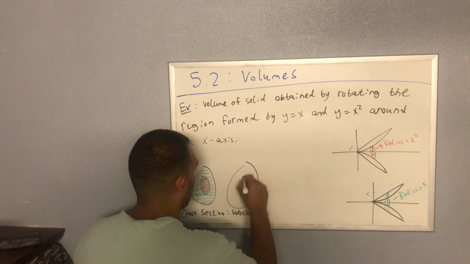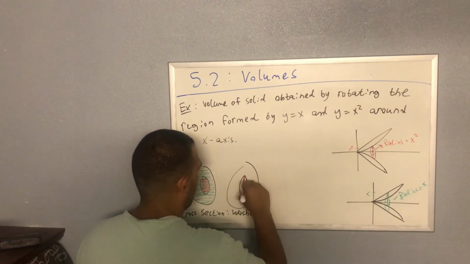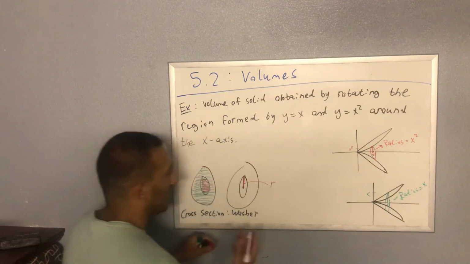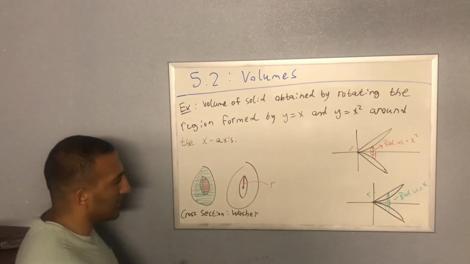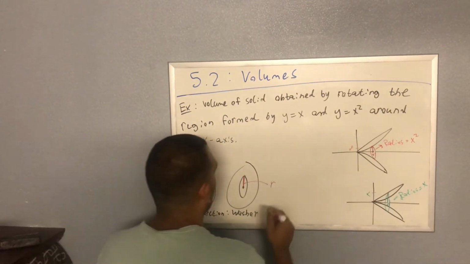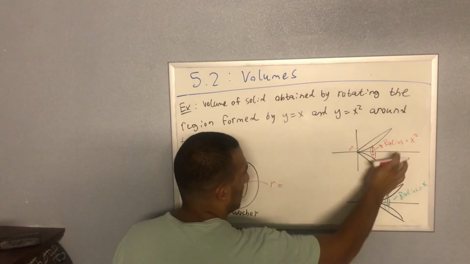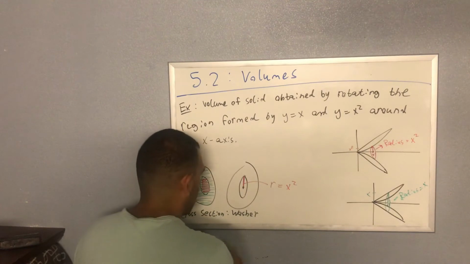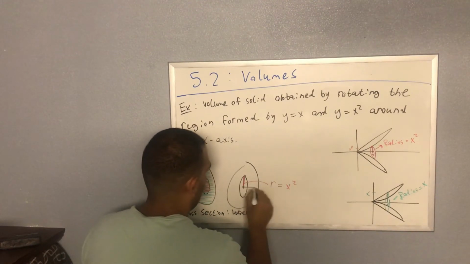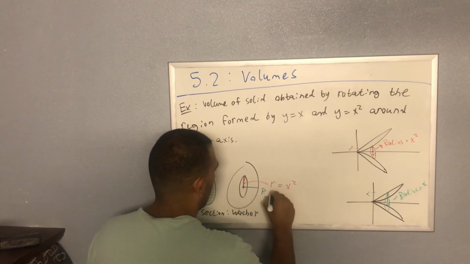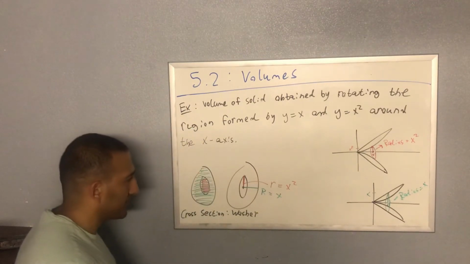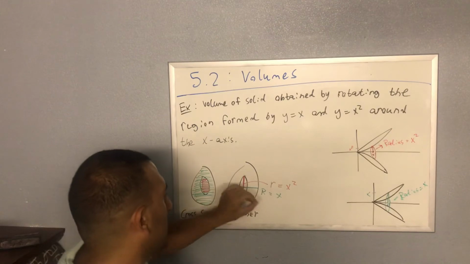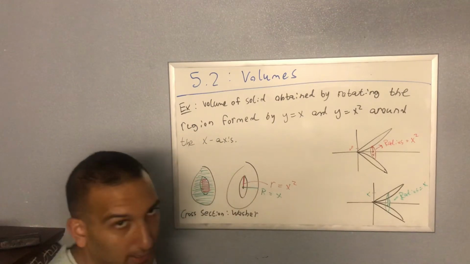So the radius here, which we'll call small r, because it's inside, the smaller radius, lowercase. Small r, like we talked about, is x squared. And then the larger radius, big R, is just x. So in our washer, this is what the bigger and smaller radii look like.